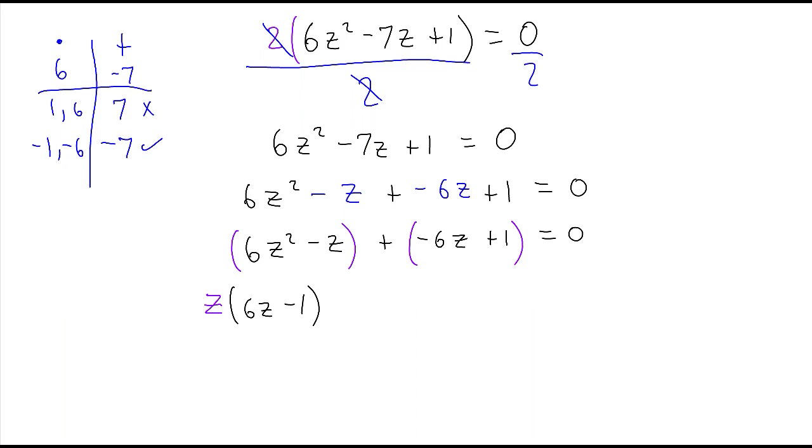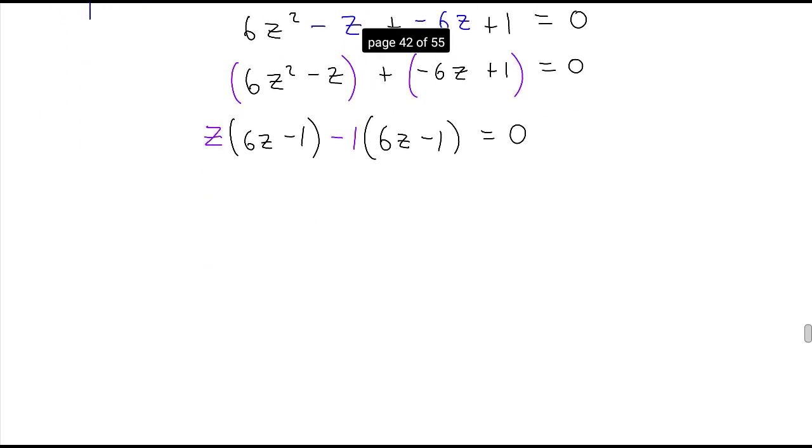But since this is a negative, I will factor out a negative 1. Negative 1 will be my common factor. If I divide this by negative 1, I'm left with positive 6z. And if I divide this by negative 1, I'm left with negative 1. All that equals 0.